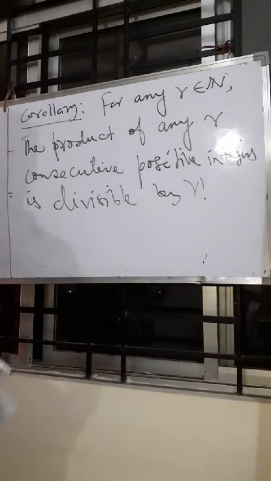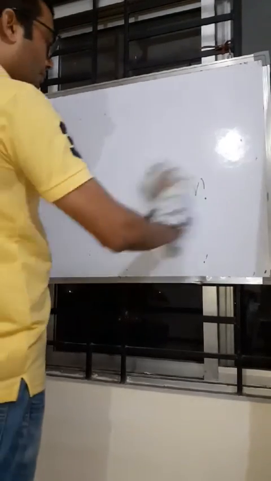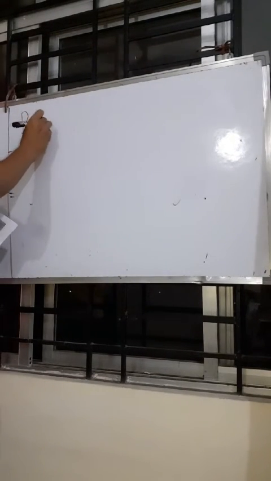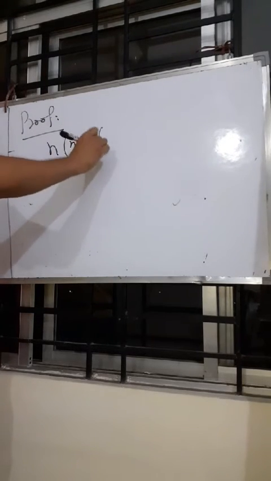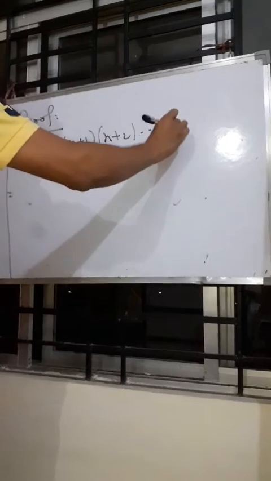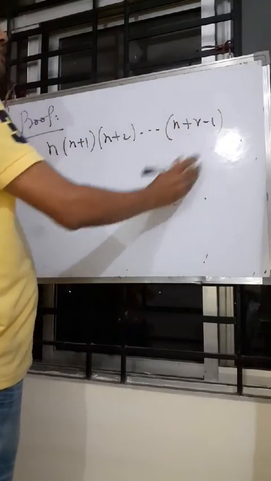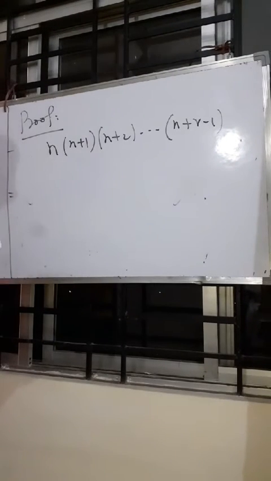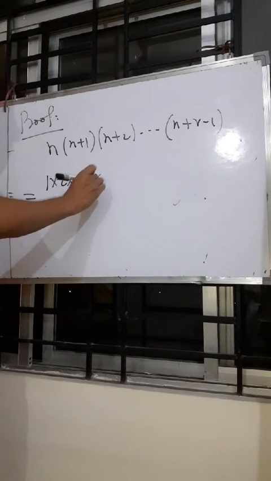So the proof is simple. Proof. Starting with any n, these are the consecutive r positive integers. So I must show that their product is divisible by factorial r. So how do I show this? You add this thing up to n minus 1.